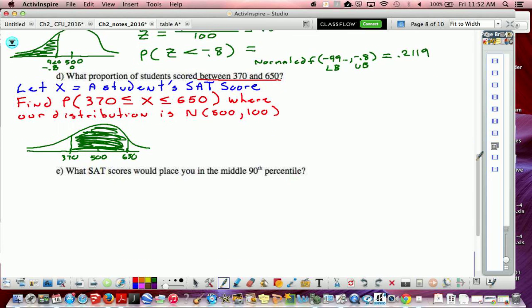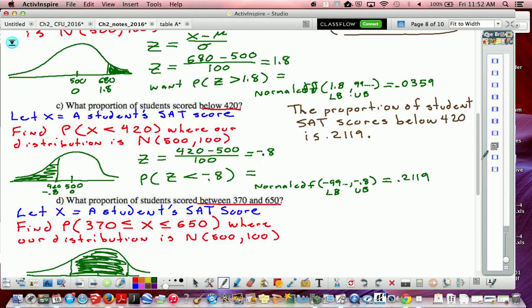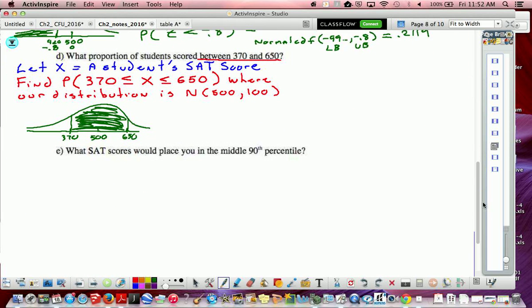I go back up here and say, all right, 650 right in here, 370 right in here. So that's kind of where I'm estimating them. So I use that picture on part A to kind of help me draw it. So this one's going to look fairly big, probably much more than 50%.